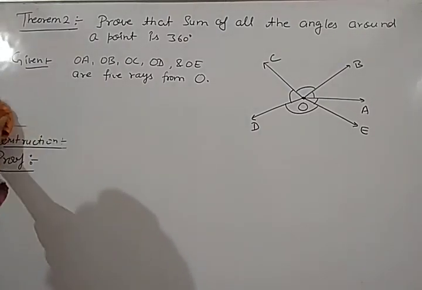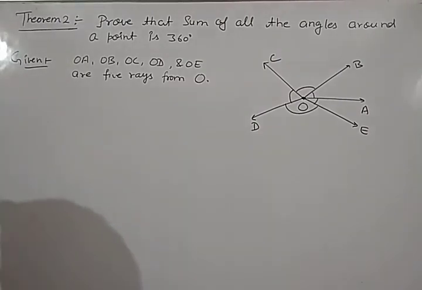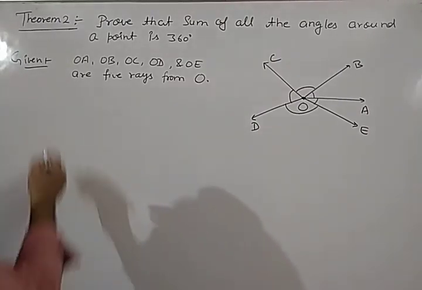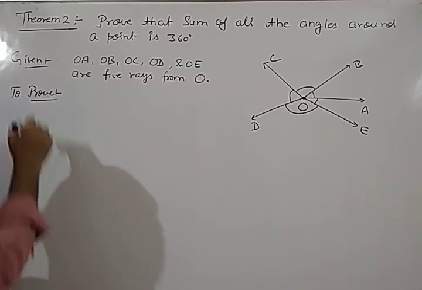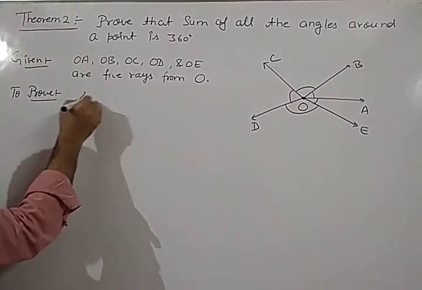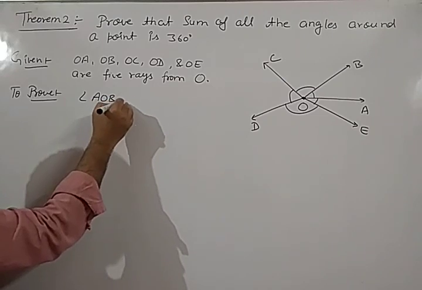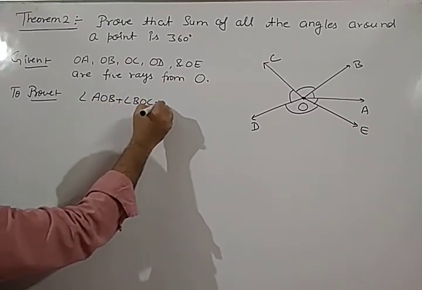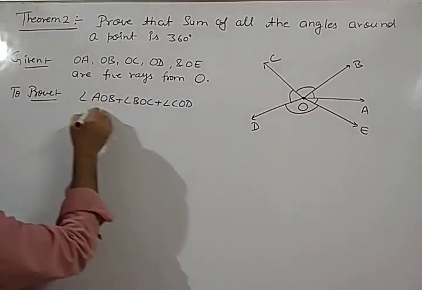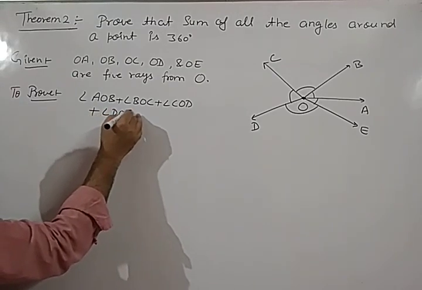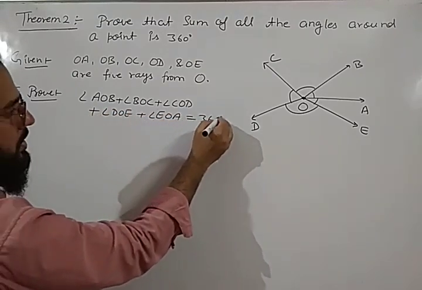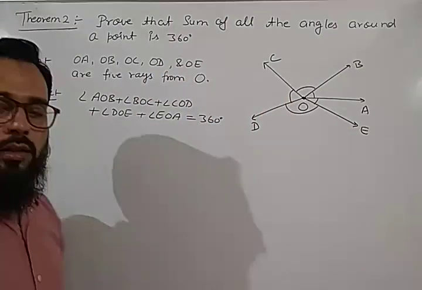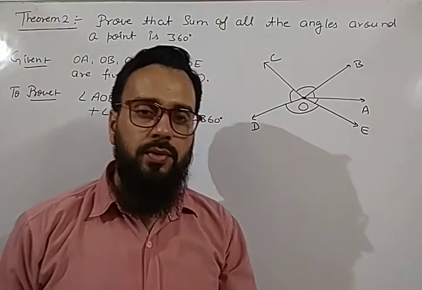We have to prove that the sum of all these angles is 360 degree. So we will write here to prove: angle AOB plus angle BOC plus angle COD plus angle DOE plus angle EOA is equal to 360 degree. The sum of all these angles is 360 degree. This we have to prove.